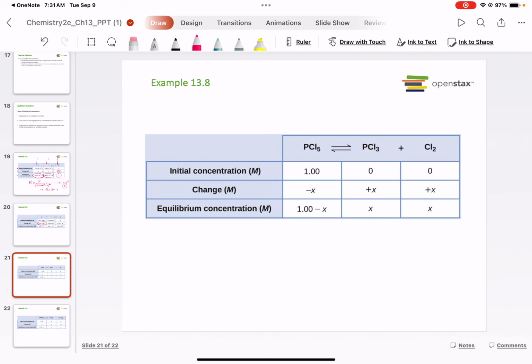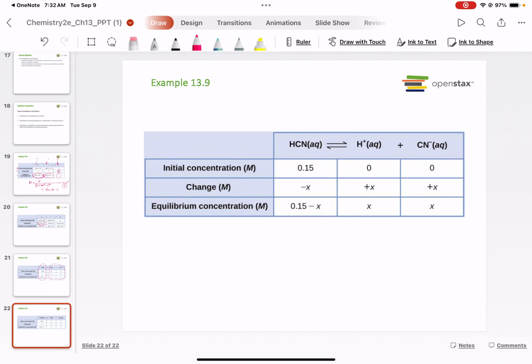In this case, you have reactant on the left, you've got products on the right. Remember, product is always positive, reactant always negative. And here's another one: you've got one reactant and two products.